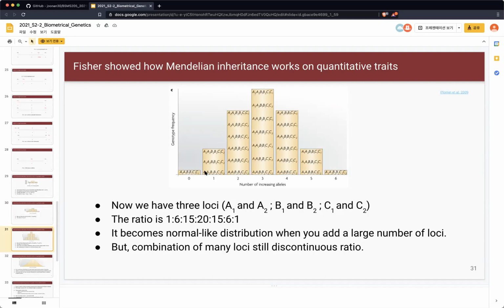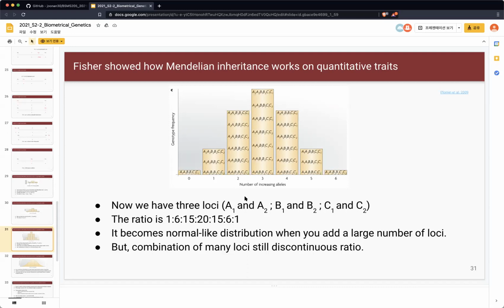Each bar here is equal to individuals with a certain genotype, right? Because individuals like me and you only have one of these genotypes, right? So if you combine multiple loci, you will end up sitting somewhere in here, right?